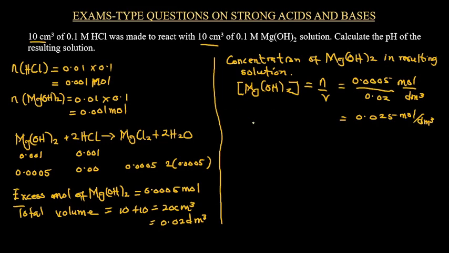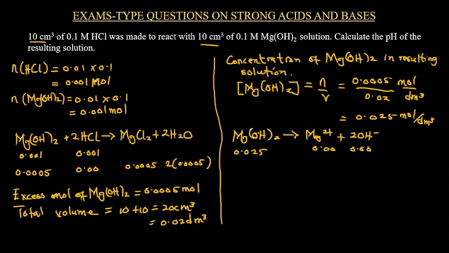That's our concentration. Now the next thing to do is to dissociate the base, which is magnesium hydroxide, dissociating to give us magnesium 2 plus and 2 moles of OH minus. Okay, initially we had 0.025 of magnesium hydroxide, while we have none of these in the solution.